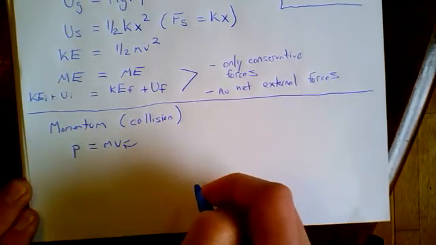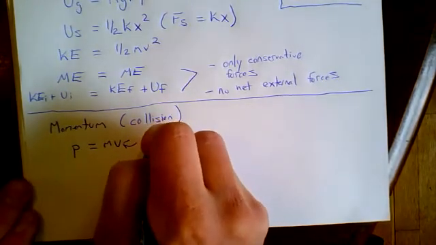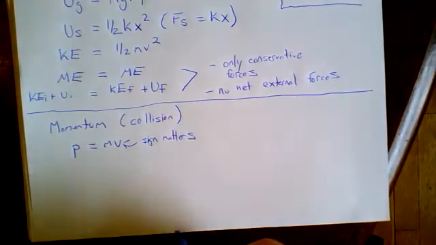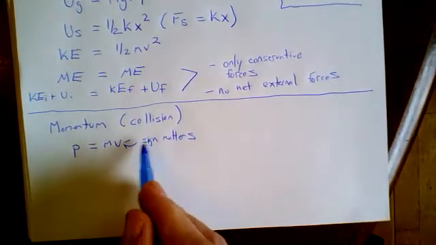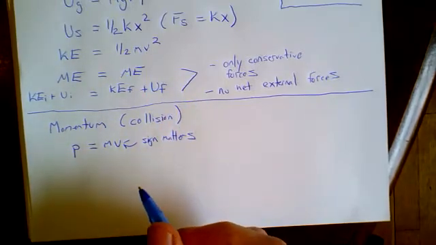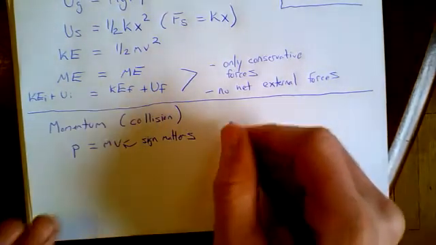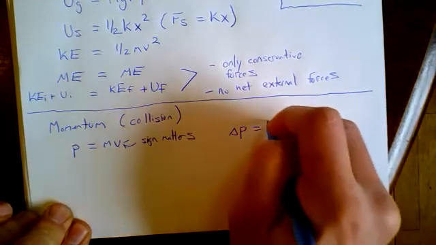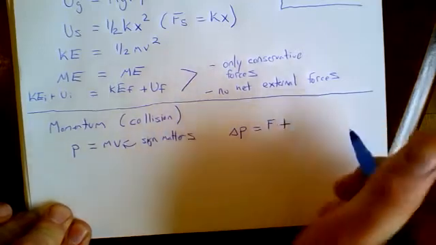Note here, v is not squared, so sign matters. Sign matters a lot in these problems, and they will test you on that point, that sign matters here while it doesn't matter there. And also, the change in momentum equals force times time.